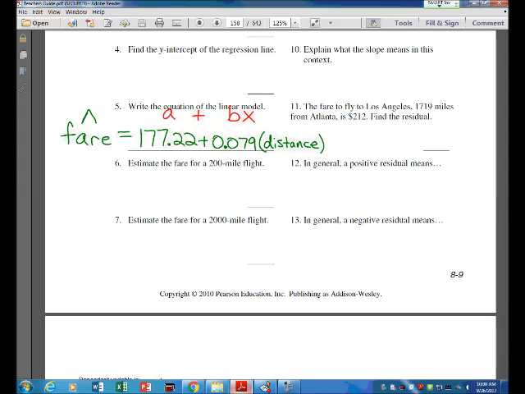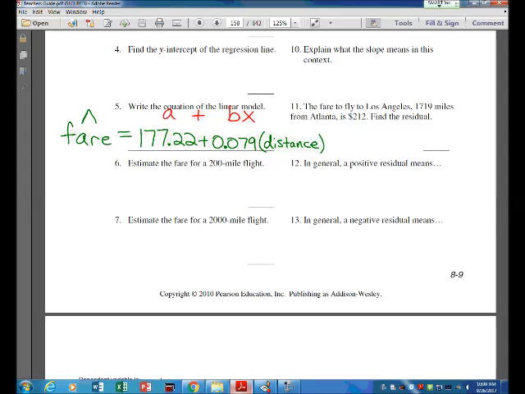So in this problem, we would say that this slope of 0.079 means that every additional mile that you fly from Atlanta to a city, you can expect the price of your flight to increase by about 8 cents. So I'm going to repeat that because that is important, okay?